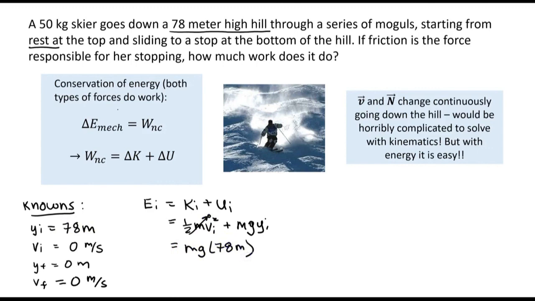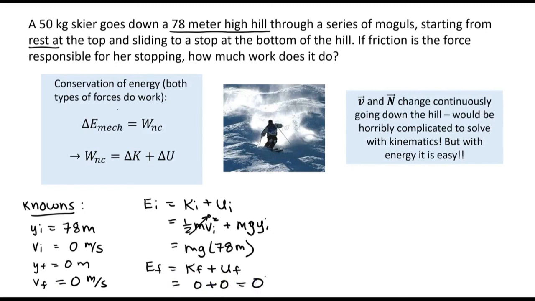Okay, and so that's E initial. Let's write down E final, which is equal to K final plus U final, which is going to be 1/2 m v final squared, which is 0, plus m g y final, which is also 0. So this is just going to be 0 plus 0, which is 0.